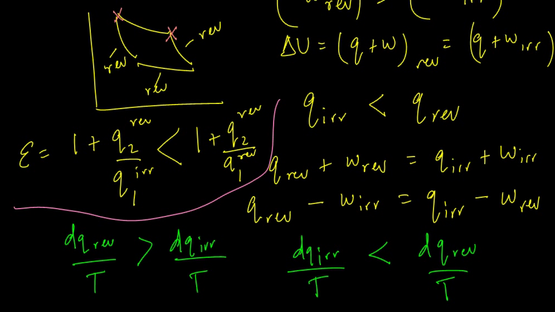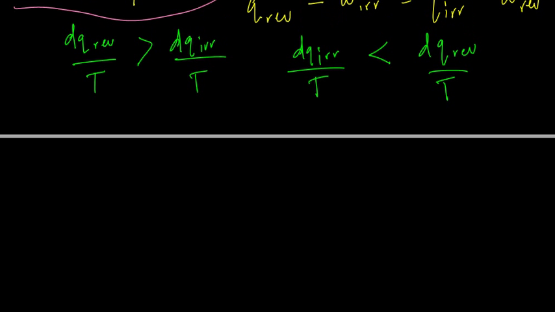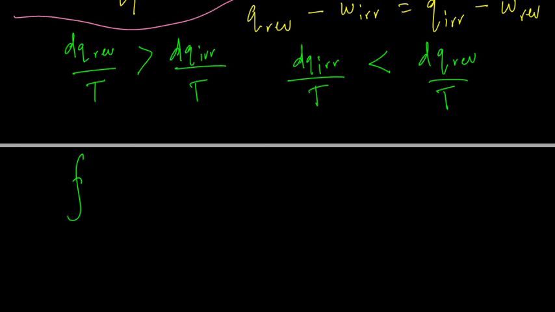the cyclic integral of a state function is 0. So what it gives me is the most celebrated statement that the cyclic integral of dq irreversible by T, that is the heat exchanged irreversibly divided by the temperature at which it's exchanged, is less than 0.